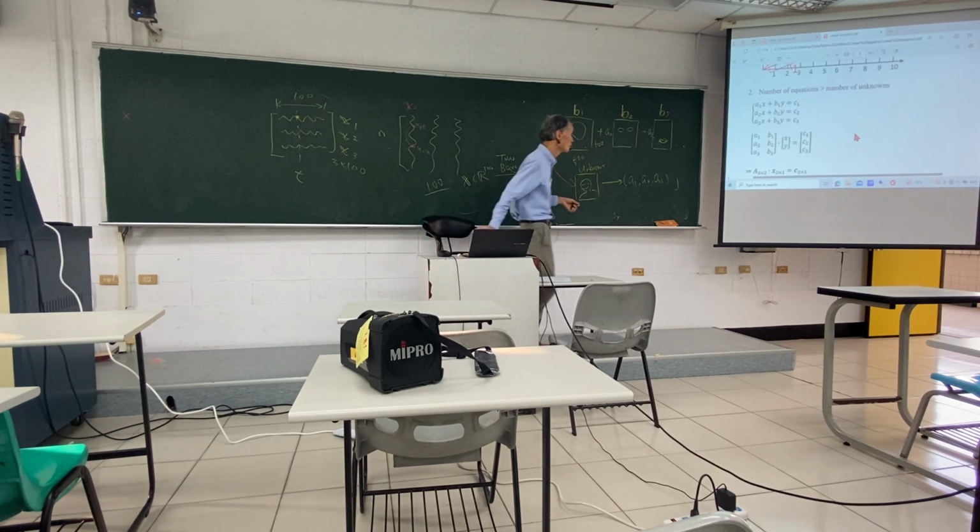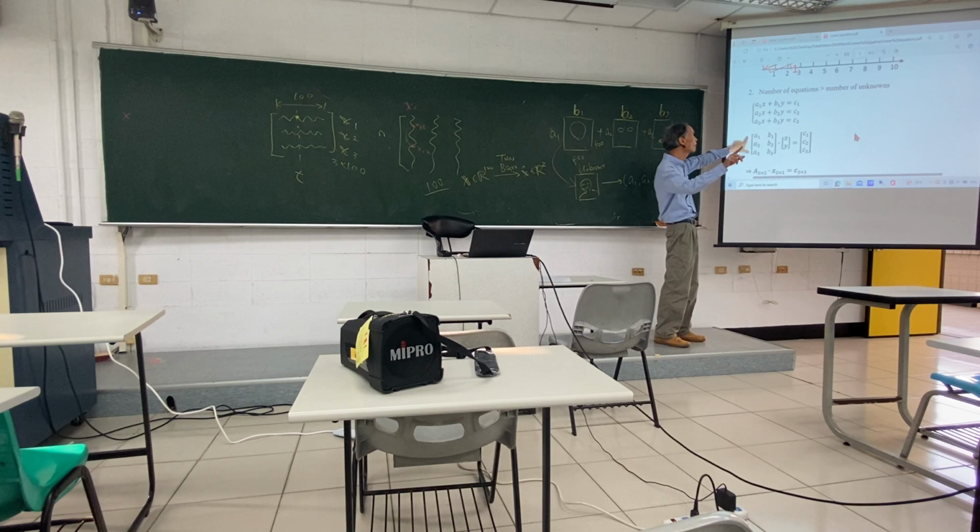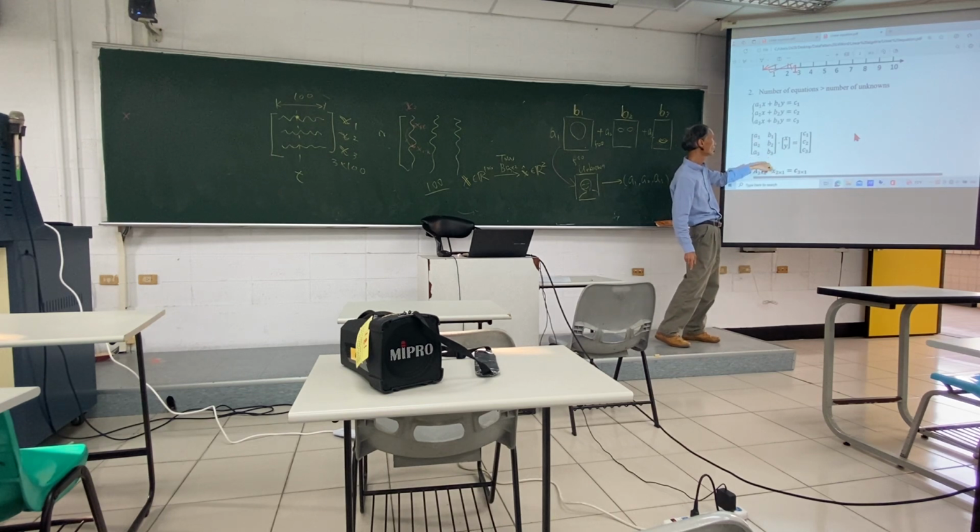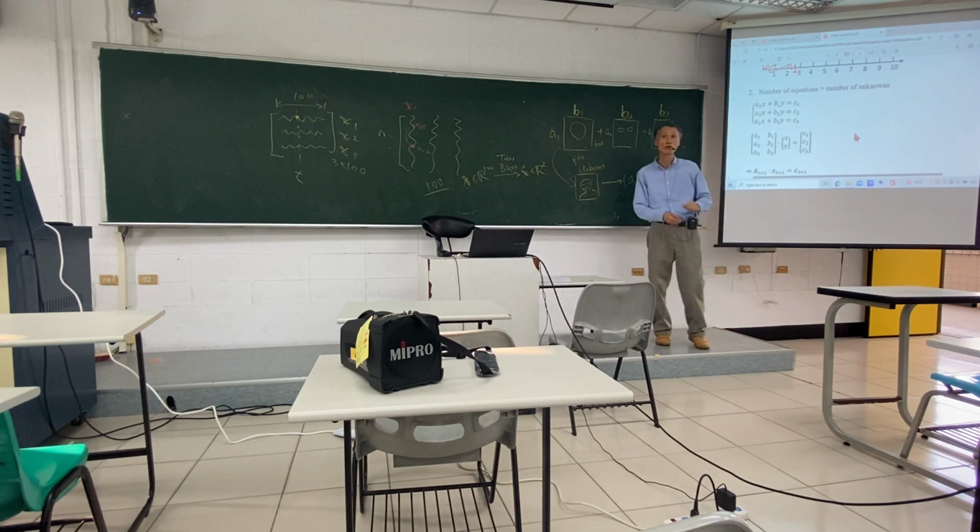We form this by the row system: A1, the first row, A2, the second row, and A3, times X1. This is 3 by 2, and this is 2 by 1. The result should be 3 by 1.